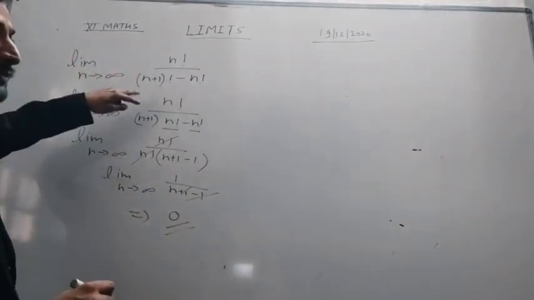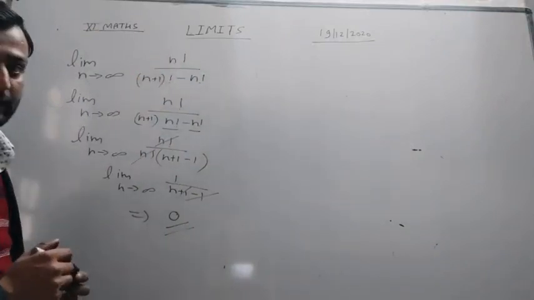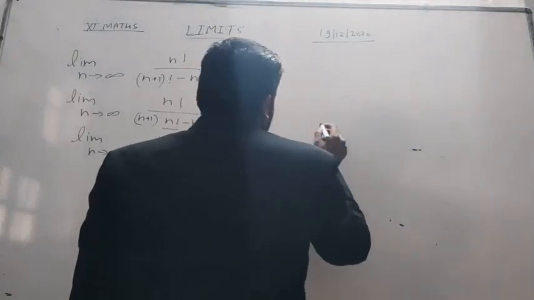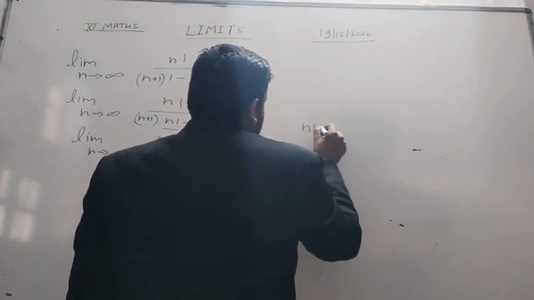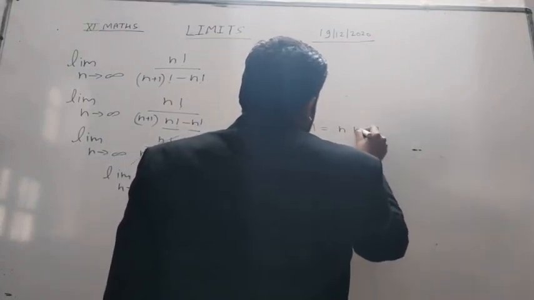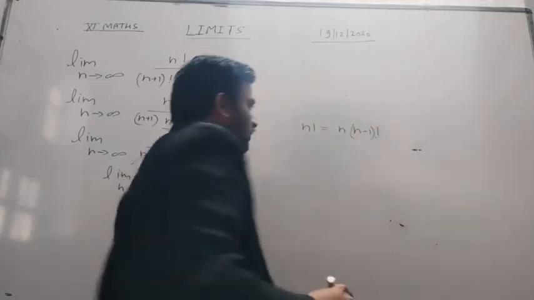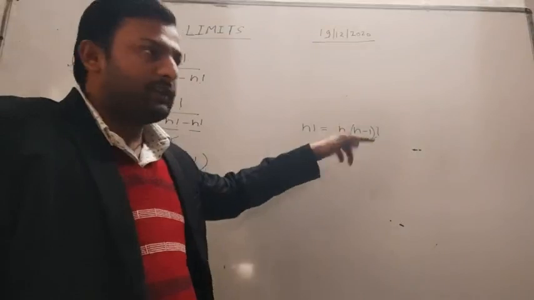Student, very simple question. Let's say this is in the form of factorial n, and you know, student, if anything is written as factorial n, it will be written as n times factorial n minus 1. When we take this term outside, we always get a factorial of 1 less.